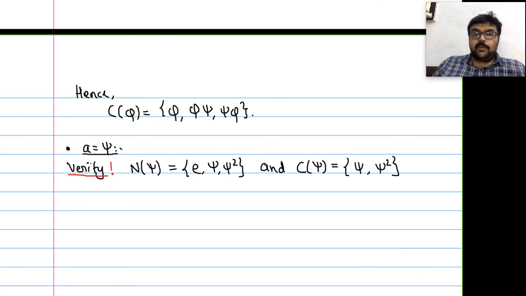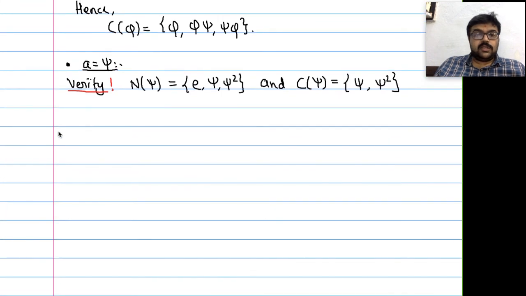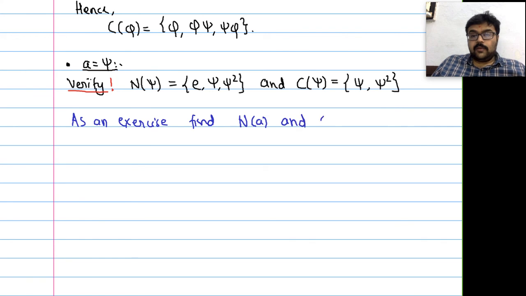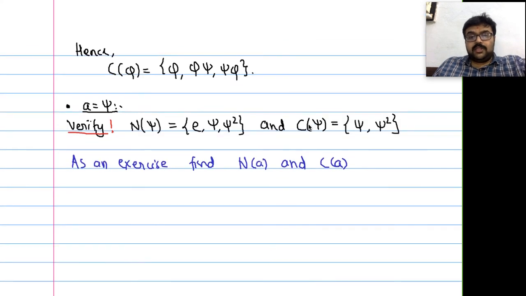And similarly compute all others. So as an exercise, find NA and CA. Of the 3 elements, 2 I have done, the third one I have asked you to verify, so you also have to do that. And the remaining elements, psi square, phi psi, and psi phi.